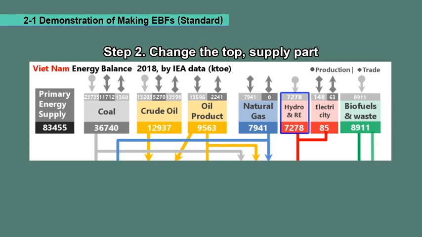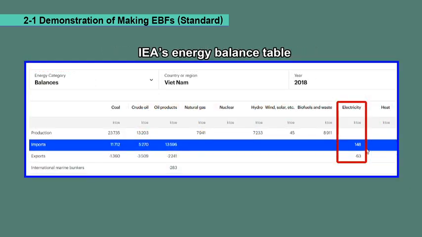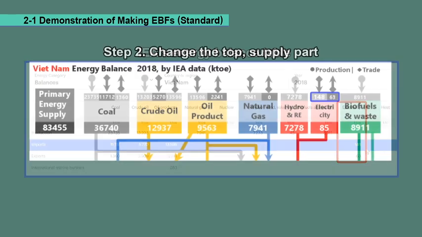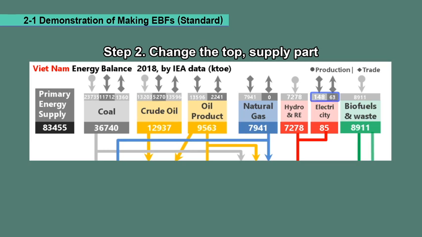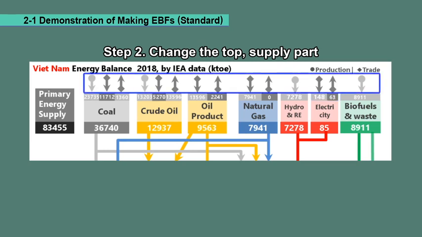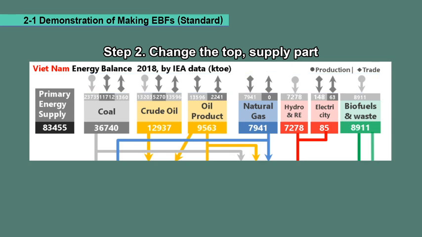Other parts, hydro and RE, for example, correspond 1-to-1, so keep the same number, or 7,278. For electricity, trade, enter the 148 and 63 from earlier. At the very top, type in the values with a circle for production, or with rhombuses for trade. Check the direction of arrows. This completes the supply part conversions and entry.